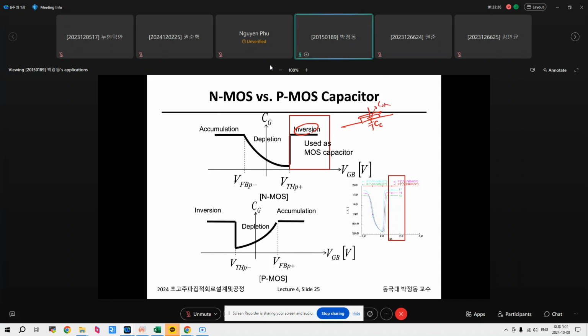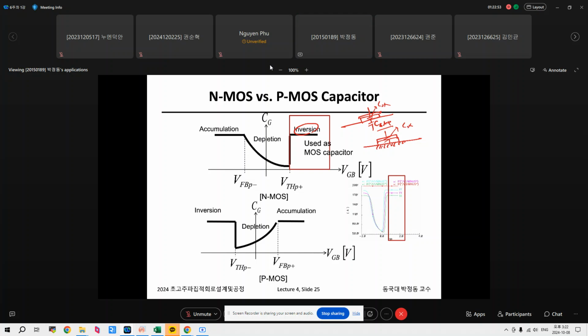So this is the substrate depletion. Okay. So if the channel is formed, right? You don't see the depletion cap. You only see the COX cap, right?